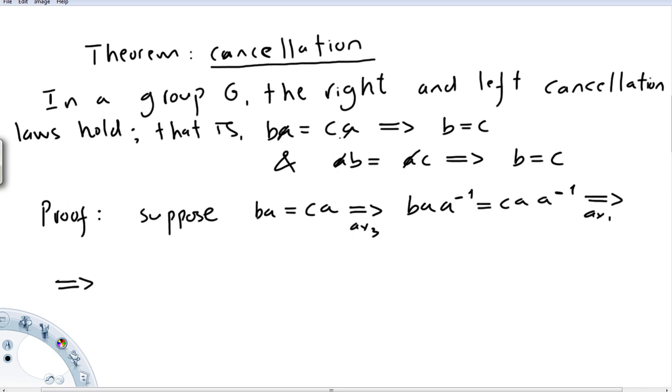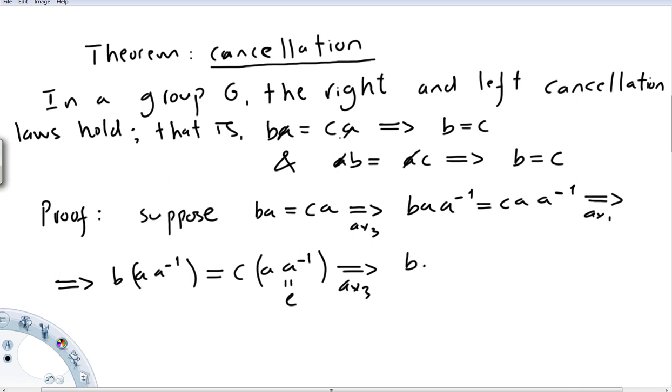Axiom 1 means the operation is associative, right? And now A times the inverse equals the identity, that's what the identity is. This is axiom 3, existence of identity, and A times the inverse equals the identity.